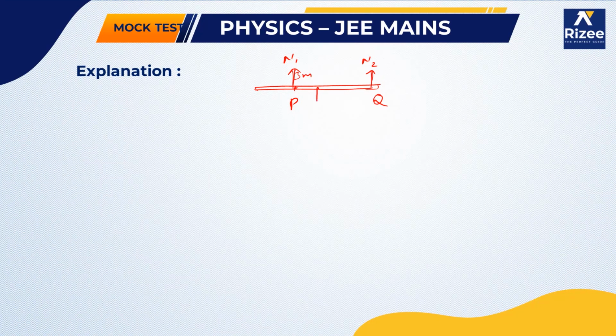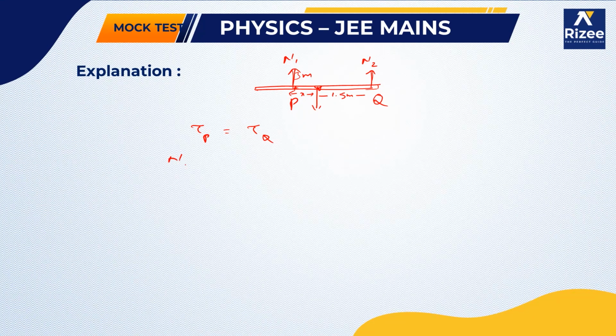Your center of mass will be acting at the center. Since it is 3 meters, this will become 1.5 meters. If I take this particular distance as some x, then the torque about the center of mass will be equal to 0. That means torque due to P equals torque due to Q, or tau 1 equals tau 2.